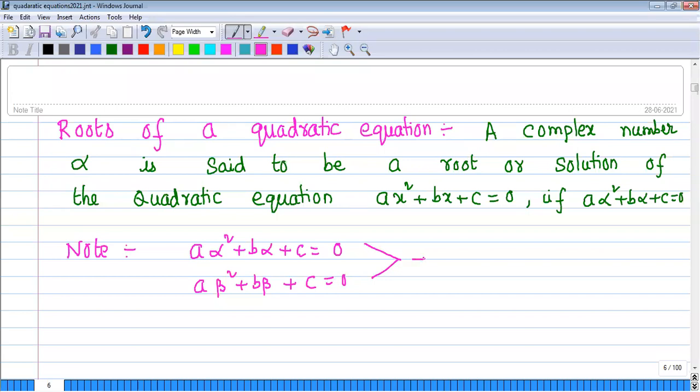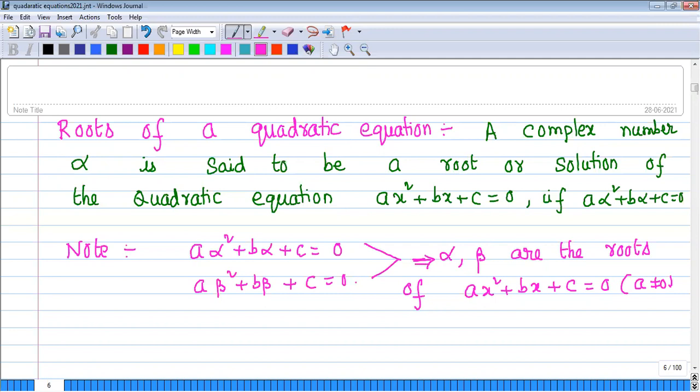Then we say that alpha, beta are the roots of ax² + bx + c = 0, a does not equal 0. Right.